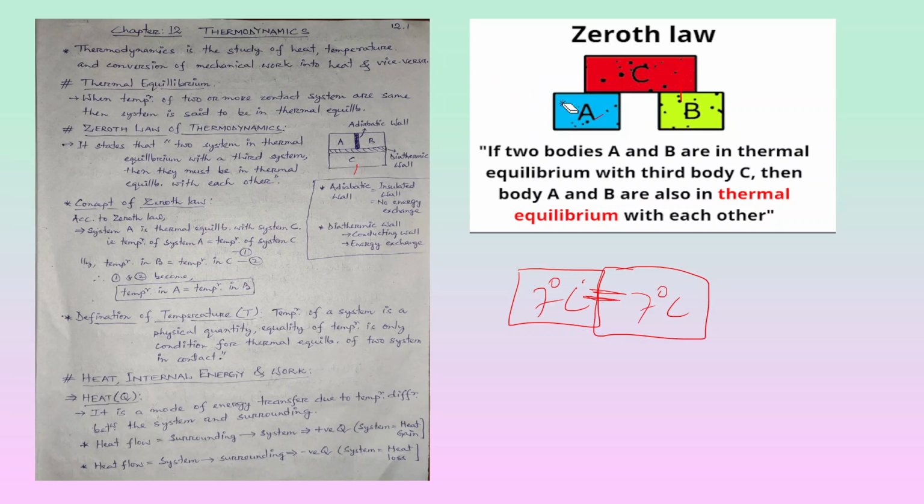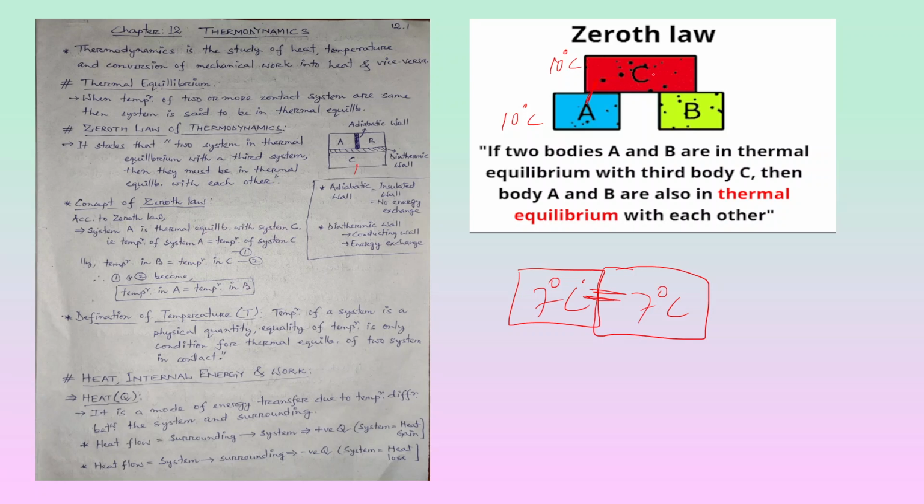Suppose A is at 10 degrees Celsius and C is also 10 degrees Celsius. That means both are equal, so both are in thermal equilibrium.